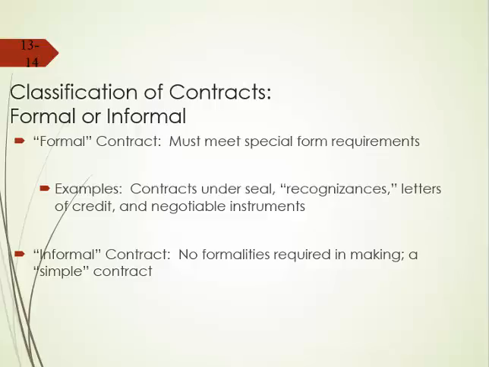That has to meet form requirements, okay, formalities, signature, particular forms to comply with banking and uniform commercial code. That's a formal contract. And then informal contracts, it's simple. No formalities required to enter into it.